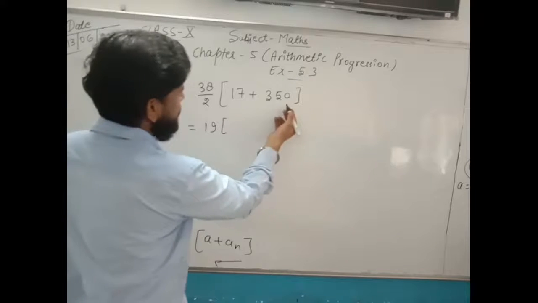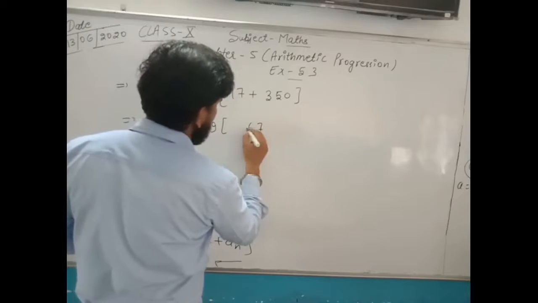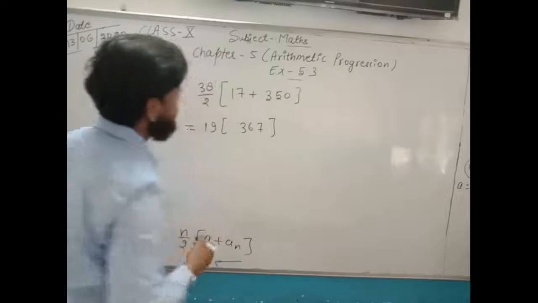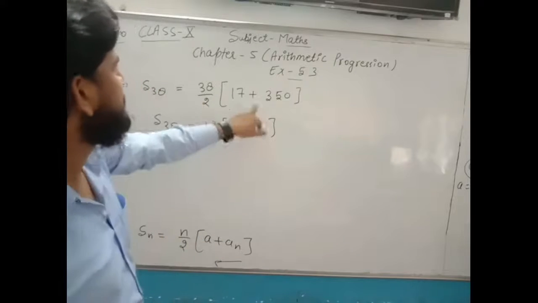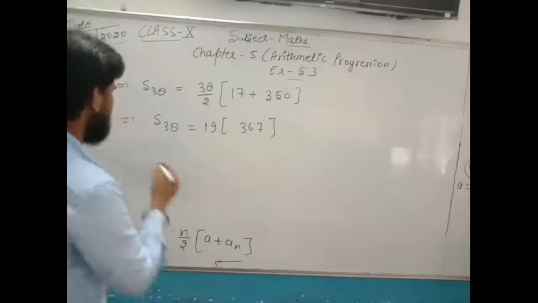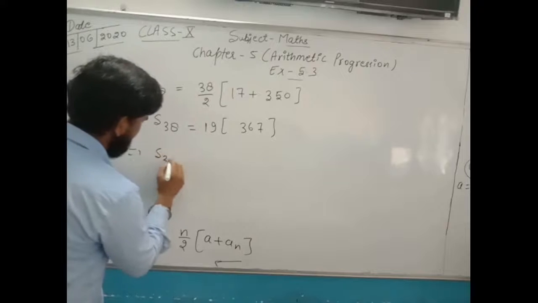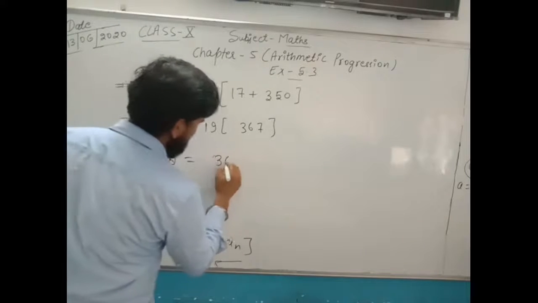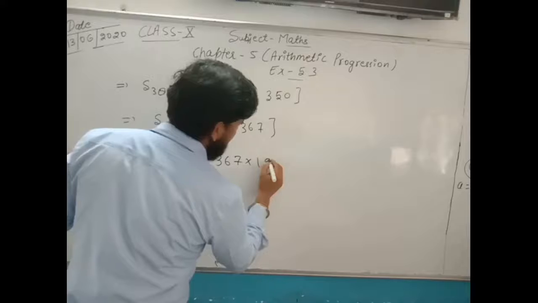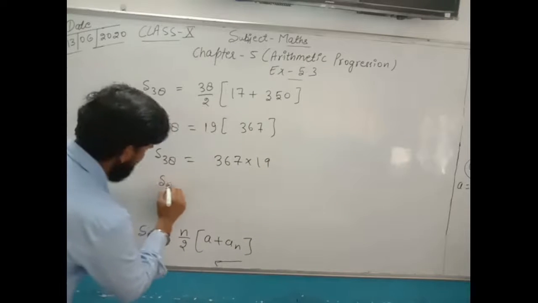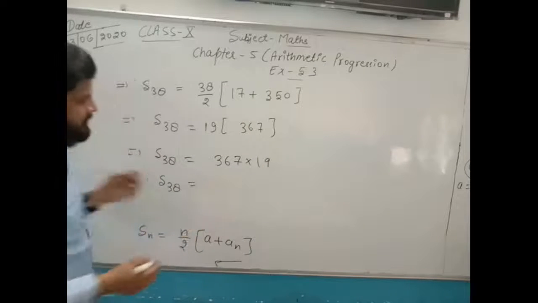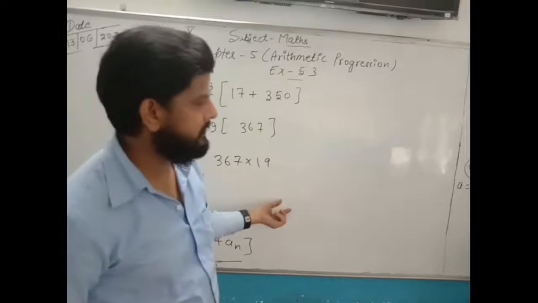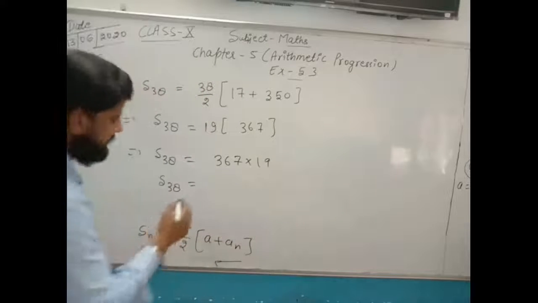Okay, now add these values 7 6 3. Okay, 7 6 3, and S38 is equal to 367 multiplied by 19. After solving 367 multiplied by 19, this is equal to 6973.